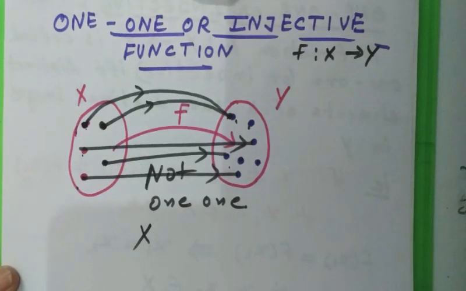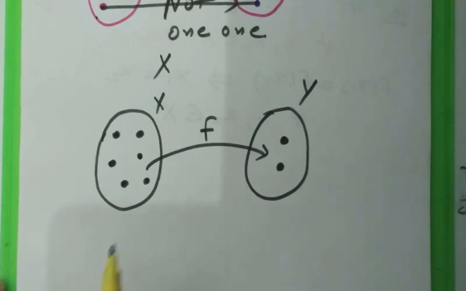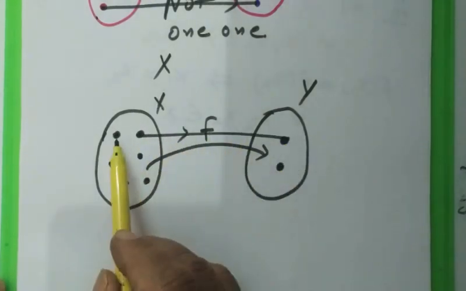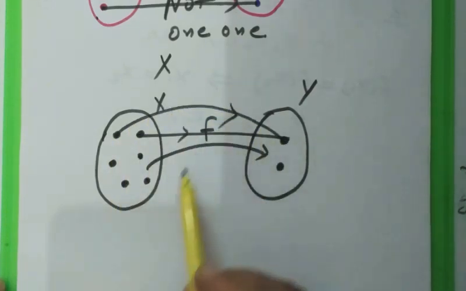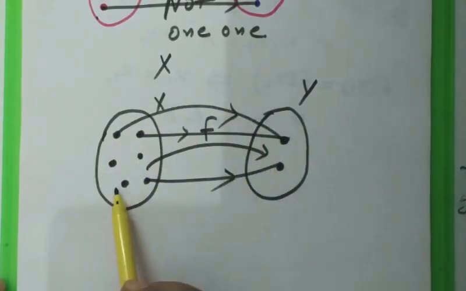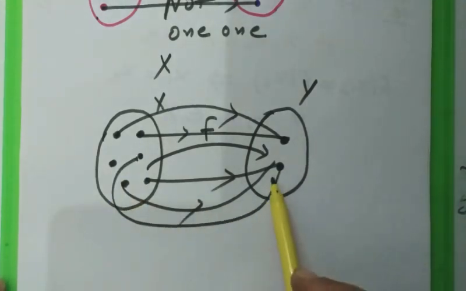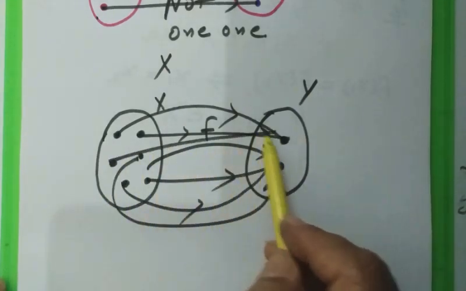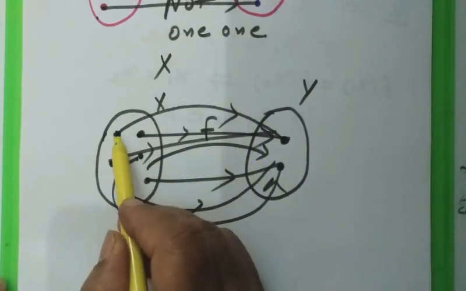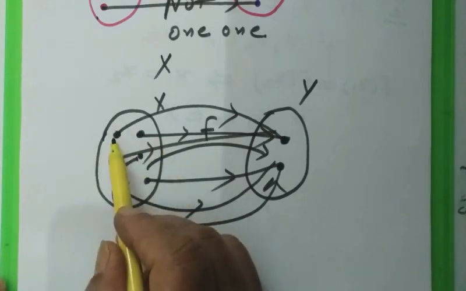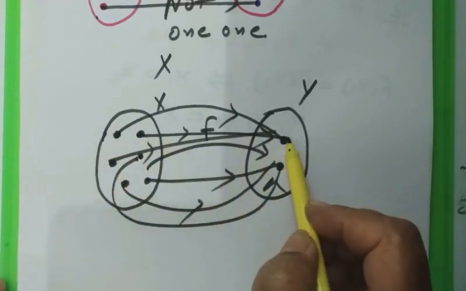Let us try to clarify in a better way. Now consider another example. This element gets mapped to this element, and this one also got mapped to this element. You can see these three elements were distinct in the domain set, but their image was the same.